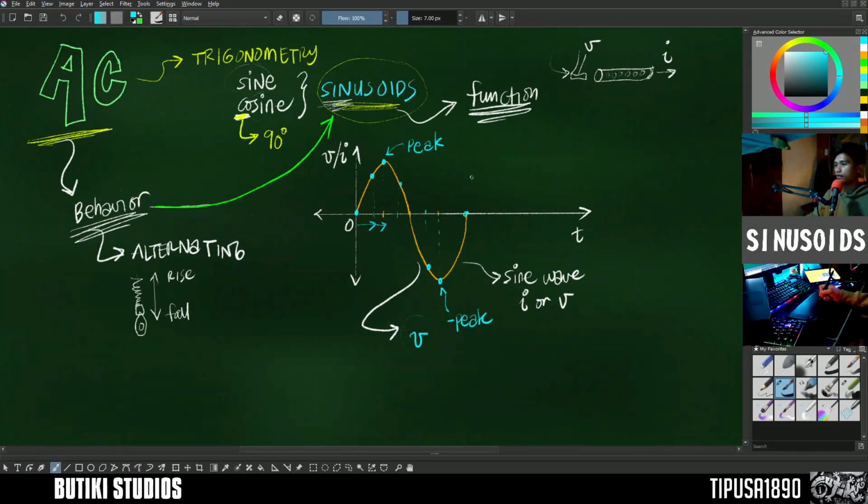But then again, for us to compute this mathematically, ang ato ang sine wave, it is basically just your voltage as a function of time. The value of your voltage depends on time. Then this will be equal to your peak value, Vm, maximum value, times sine of omega t.